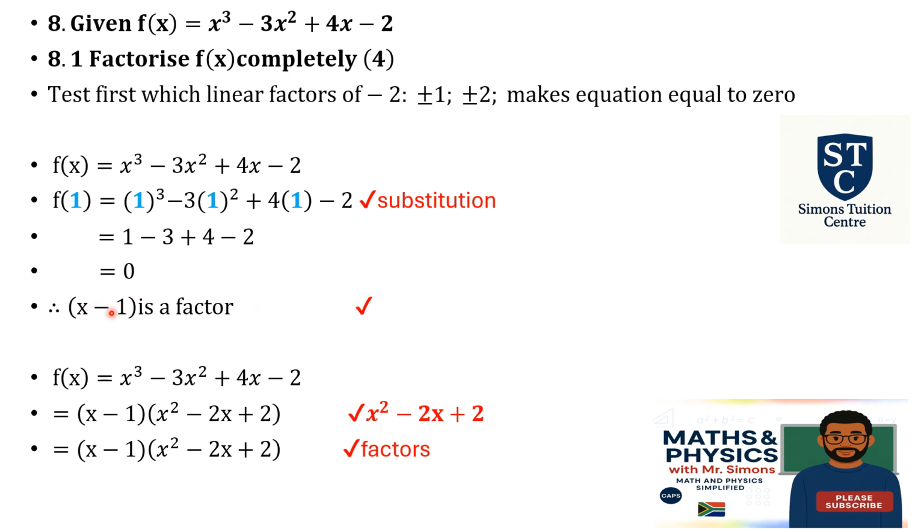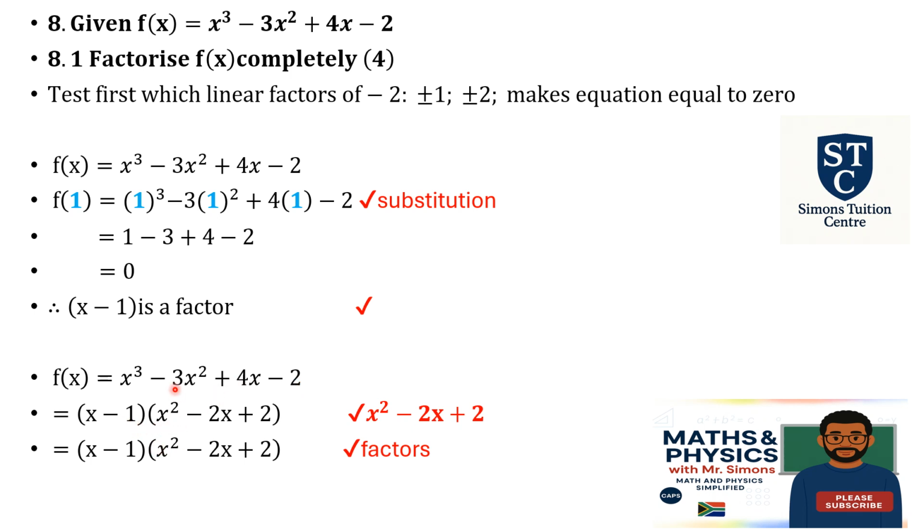I'm going to use this factor to find the quadratic. So from there, I know x − 1 is a factor of this equation. So x times what would give me x³? x times x² gives me x³. Negative 1 times positive 2 would give me negative 2. And from there, I have −1x².